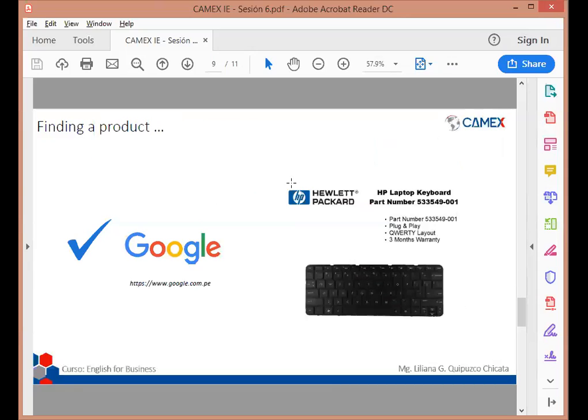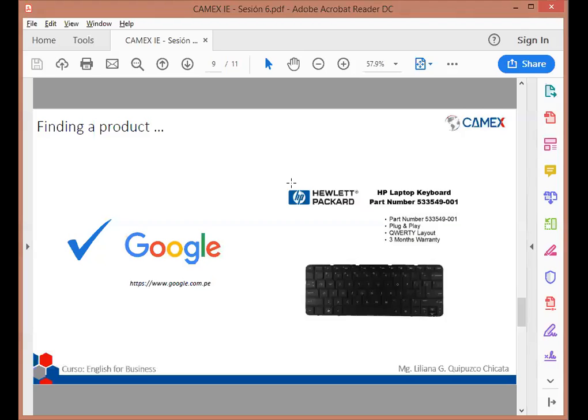We just went to Google, checked the part number, the product in this case was a keyboard, the brand, and we started to look around at online sales like Amazon, eBay, Best Buy, and Micro Center could be another one for technological products. Just those online pages that sell products.